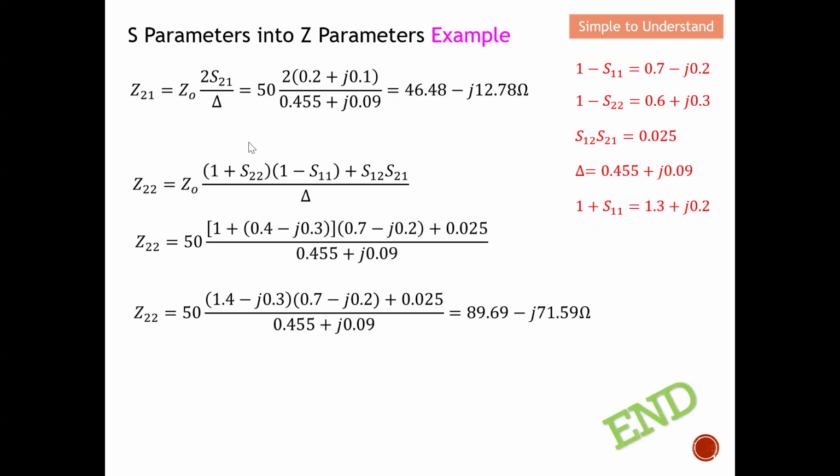Let's quickly move on to Z21. Again, this is the formula, and I don't foresee any issue when you punch your calculator; you should be able to get this answer. Same for Z22 here. With this, I think you are quite confident that you are able to convert the S parameters into Z parameters.